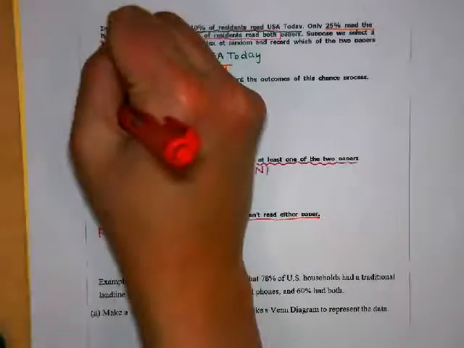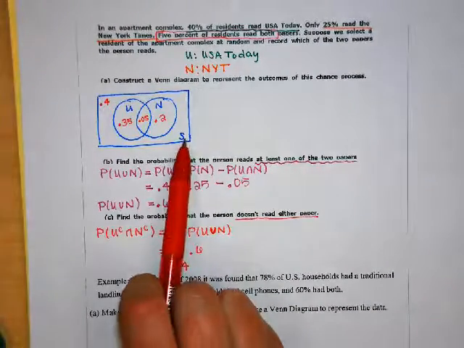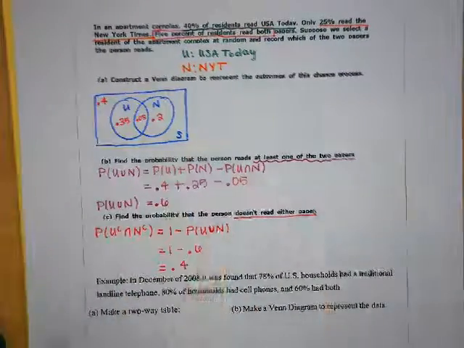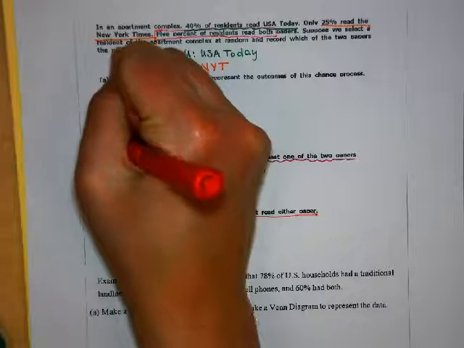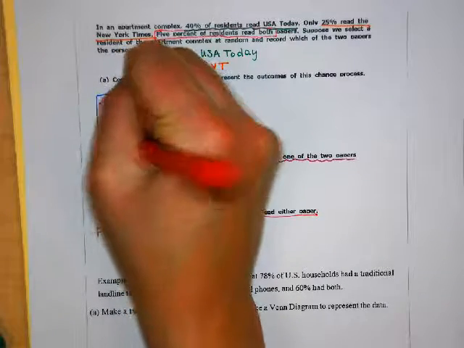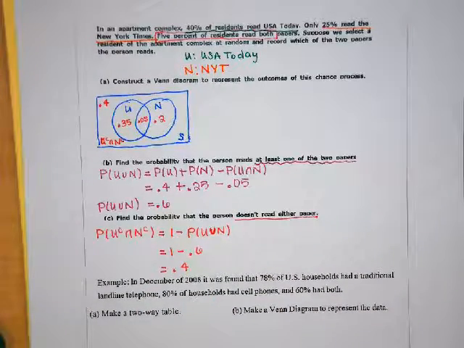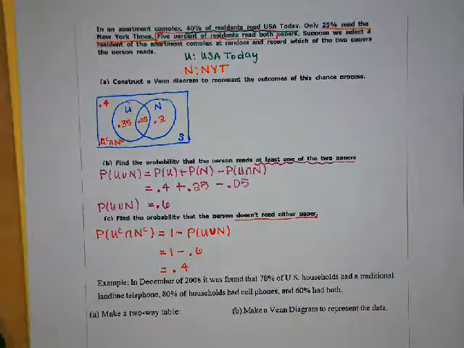And this stuff out here is U complement and N complement. Not reading USA Today and not reading the New York Times. Any questions before we get to our last example?